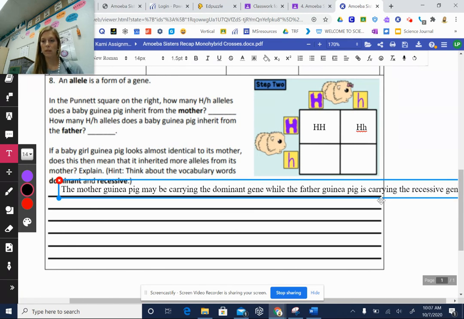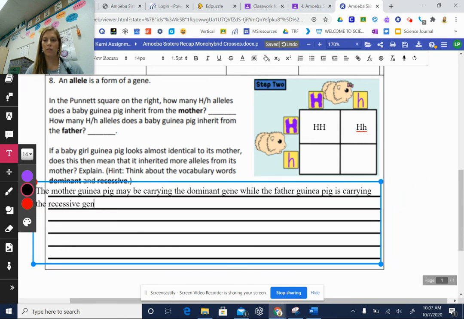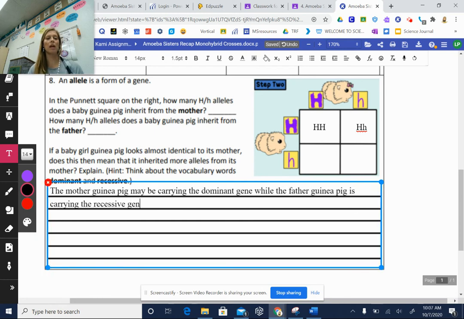If you start to run off the screen, look how you can resize it. So the mother guinea pig may be carrying the dominant gene while the father guinea pig is carrying the recessive gene. The baby always gets one allele from the mother and one allele from the father.